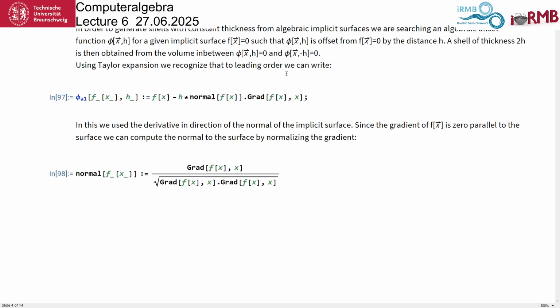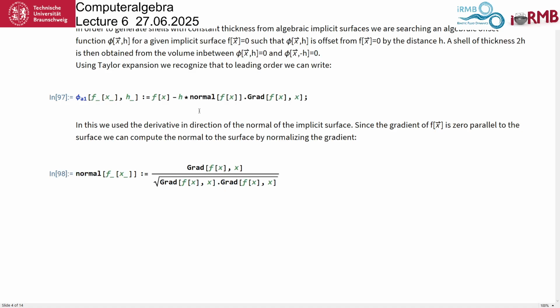So we see what we're doing. When defining this function here, we take the first order Taylor expansion, so we have the f, and then we take the derivative in the direction of the normal, right? So this is a directional derivative, right? In order to get the directional derivative, we need the gradient and the direction, right?